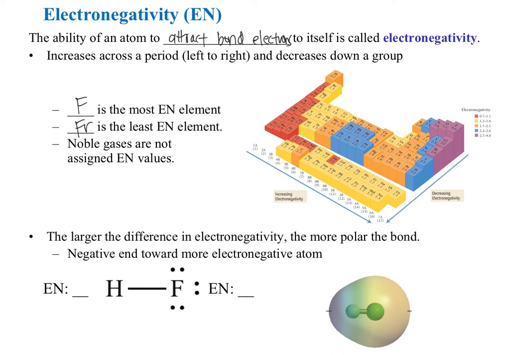To determine if something is polar or nonpolar in its bond, we look at the difference in electronegativity between the atoms in the bond. So we're going to look up the electronegativity. Hydrogen has a 2.1. Fluorine is 4.0. So that electronegativity difference is 1.9, so pretty big.